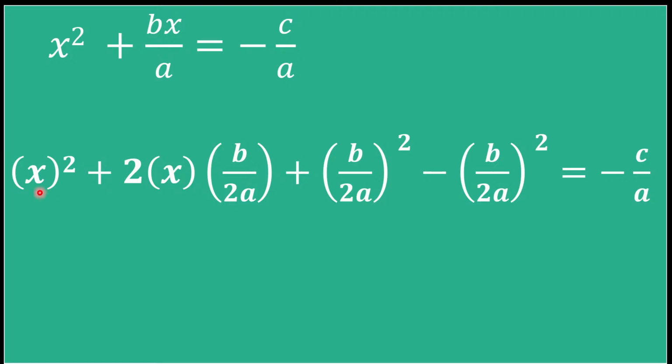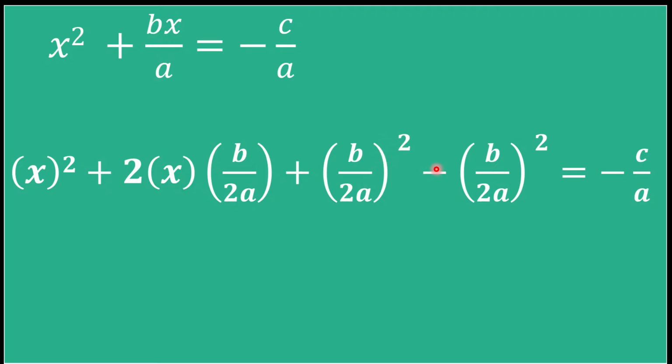So now x square plus 2x into b divided by 2a, this is our b, plus b square, that is b divided by 2a all squared. Now this x square plus this value is equal to this value, and we have added b divided by 2a squared from our own.